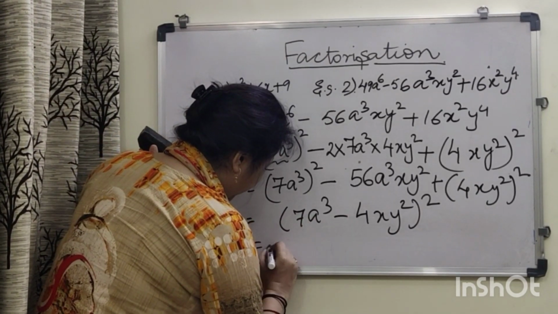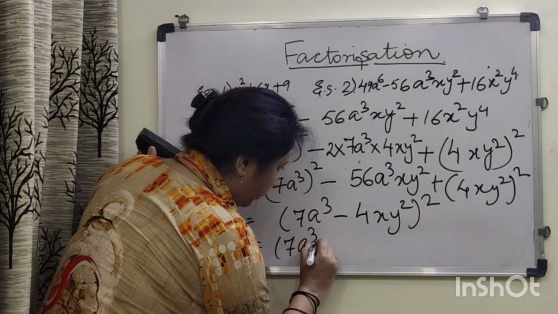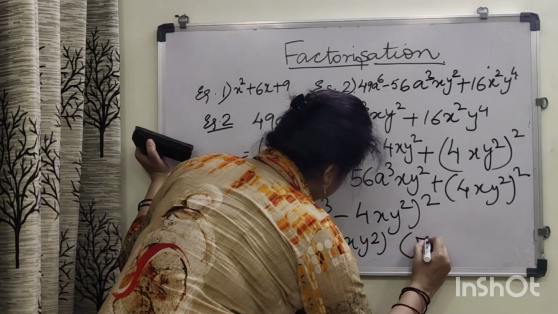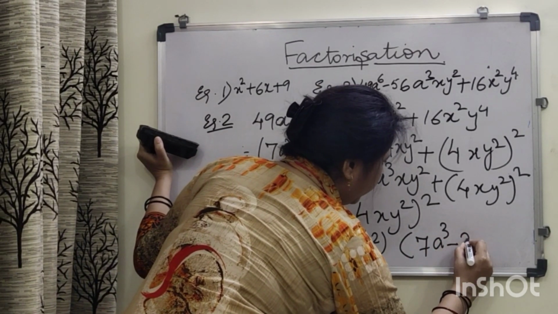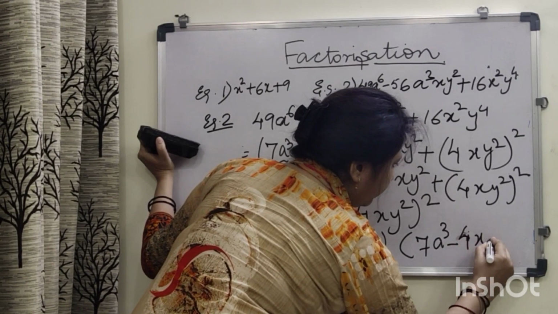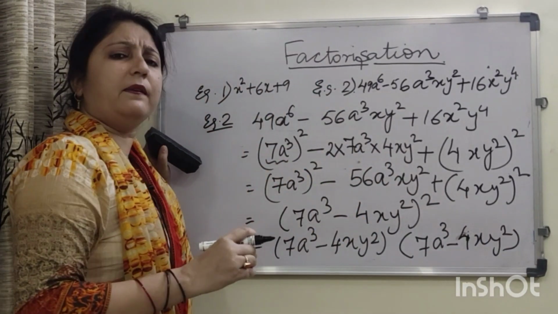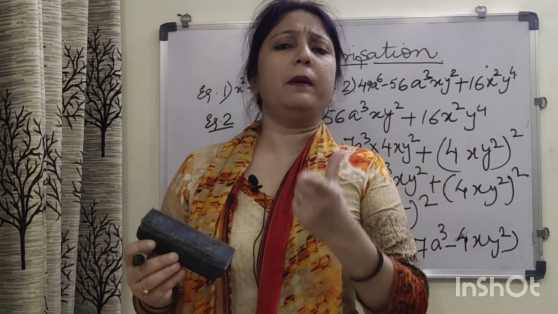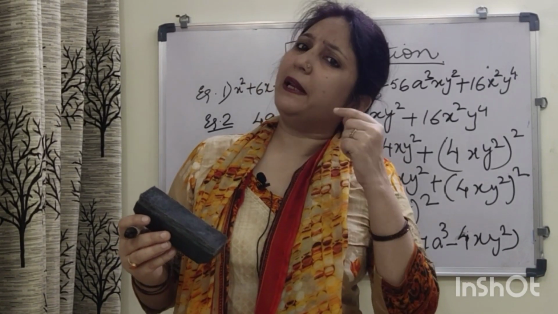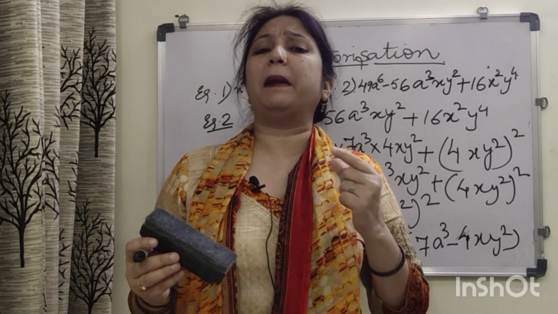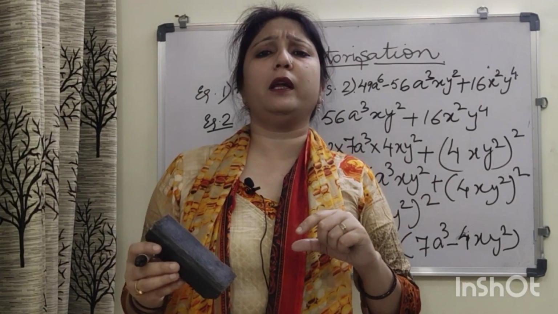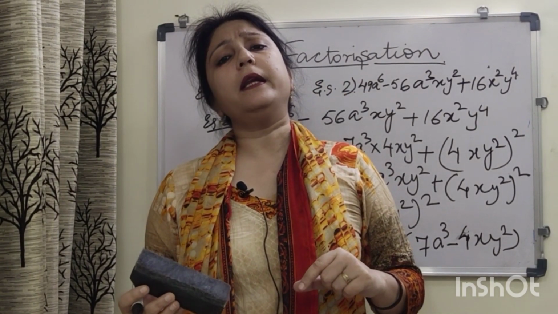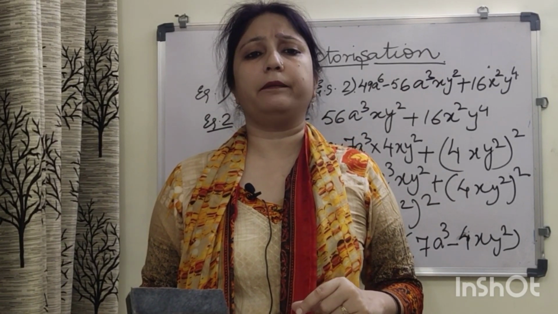And in simplest form, if you want to write, 7a cube minus 4xy square, and same way 7a cube minus 4xy square. It's very simple. You just look for the two terms that are whole squares, then write the 2ab term on your own. That 2ab term will be either positive or negative. Depending upon its positive sign or negative sign, you are obtaining identity either a plus b whole square or identity a minus b whole square.